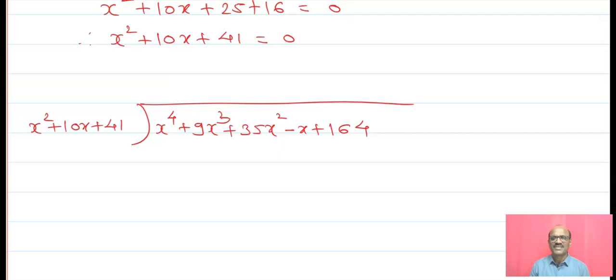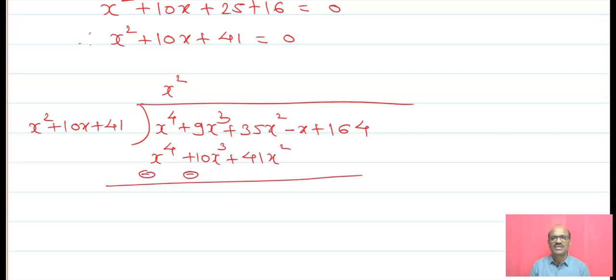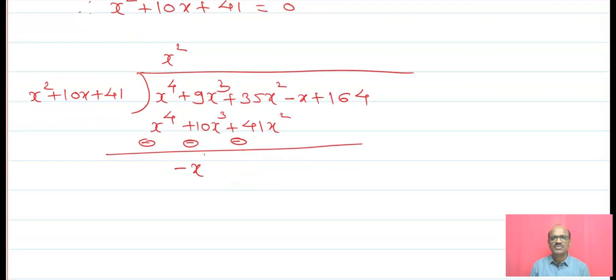Now we'll make the division. Multiplied with x square, then you will get x raised to 4 plus 10x cube plus 41x square. Now the subtraction, and you will get minus x cube minus 6x square minus x plus 164.